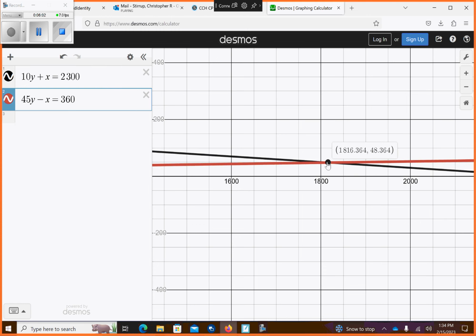Now it says, if the government levies a tax of $2 per item on the supplier, okay, so our supply graph is going to be the red. So we're going to increase by 2. So I'm going to, how am I going to do that?